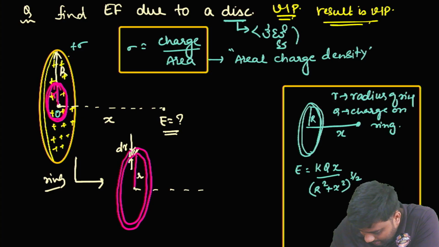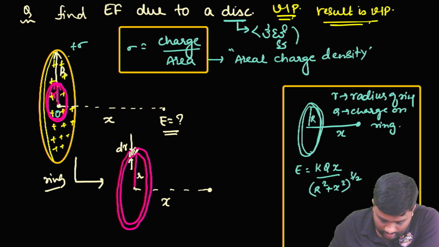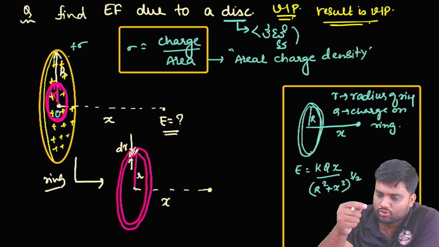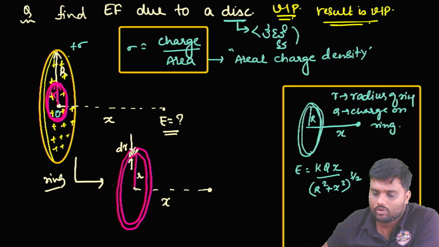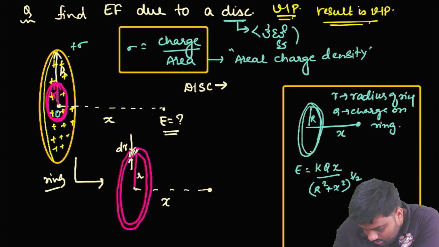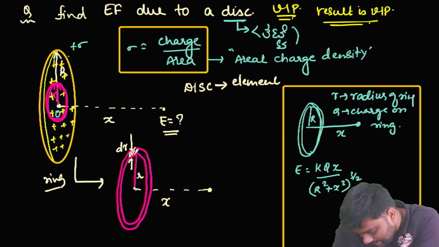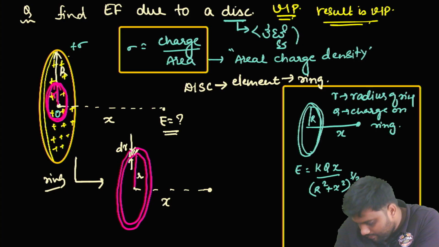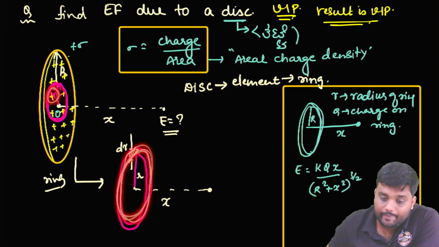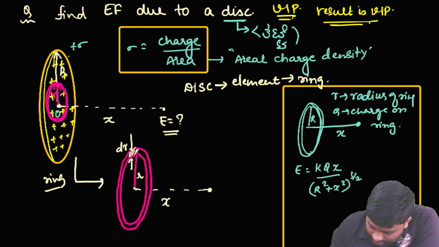So at some distance x, if I wanted to find out the electric field, I have considered a small element. When we are talking with respect to the disk, the element is made up of a number of rings. So now at some distance I have taken one of the so called ring elements of thickness dr.